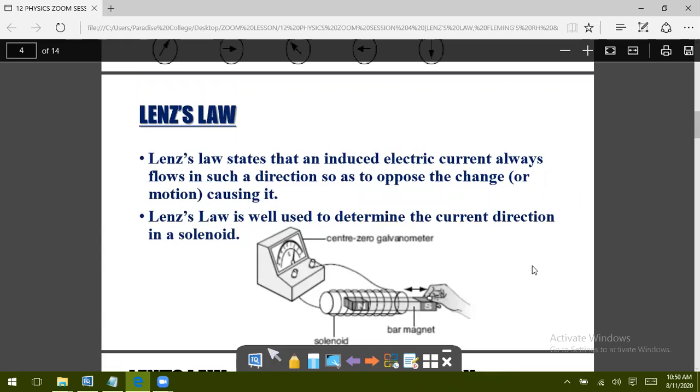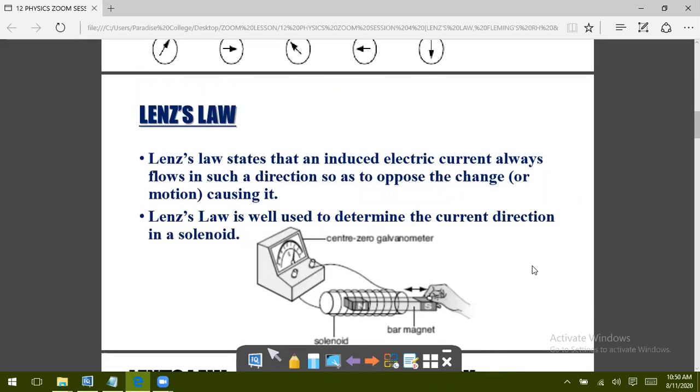Because this right hand grip rule is going to help us understand Lenz law. Right hand grip is very important. We need to understand the discussion question above to further understand the concept of Lenz law.